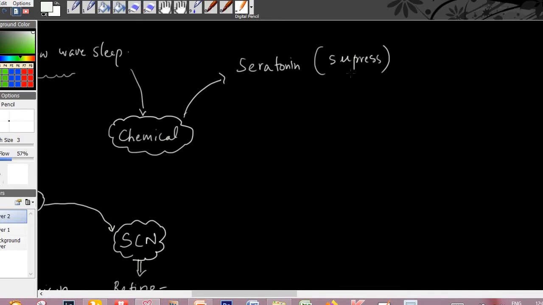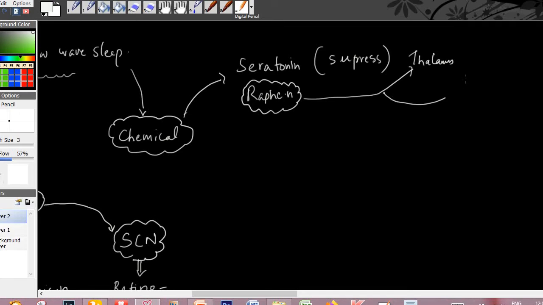So the serotoninergic projections are from the raphe nucleus. If you draw here a raphe nucleus, I hope you know about the raphe nucleus. The raphe nucleus has a connection which goes to the thalamus and also to the cortex high up.